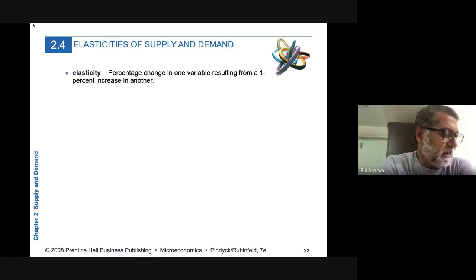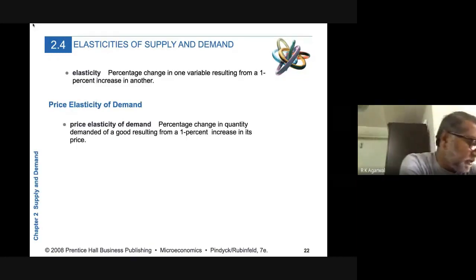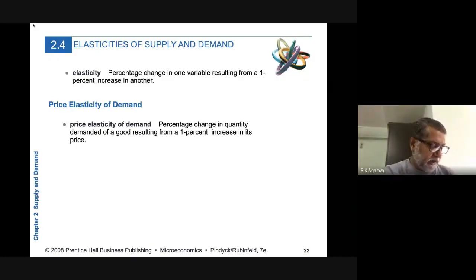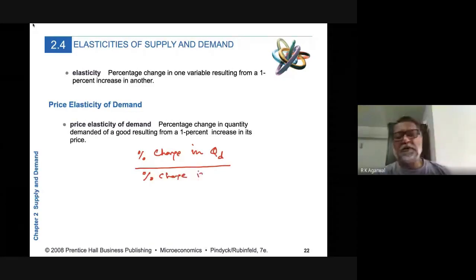Now, if we apply this concept to demand and supply, what will happen? Price elasticity of demand is defined as the percent change in quantity demanded divided by the percent change in price of that particular product. So we write it here: percentage change in quantity demanded divided by percentage change in the price of the product.